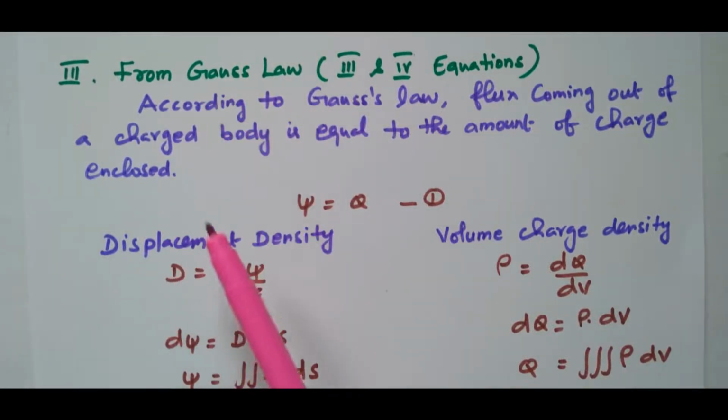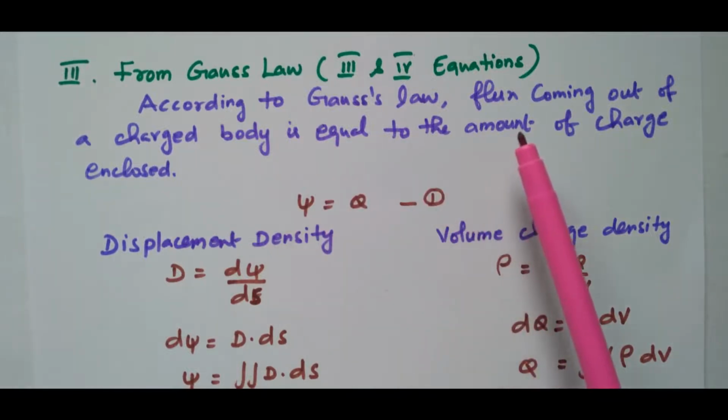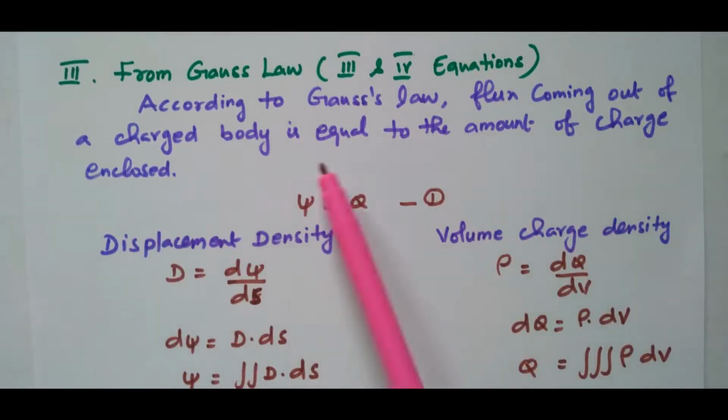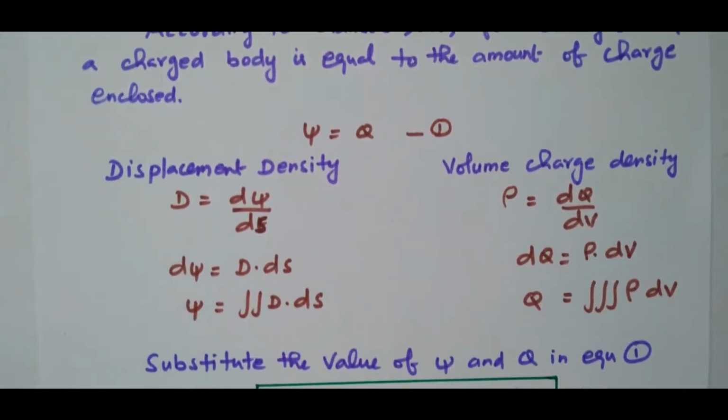What is Gauss law? According to Gauss law, flux coming out of a charged body is equal to the amount of charge enclosed. Phi equal to Q. Now we'll see what phi and Q are.